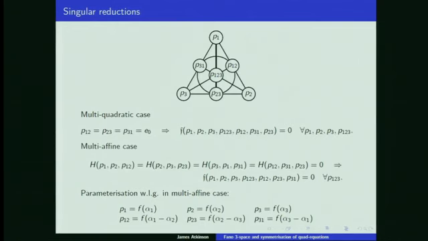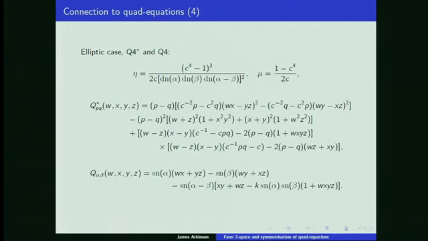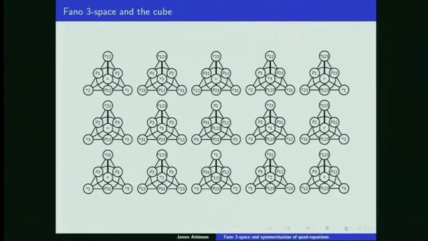And if you do that, and you come back to the whole space, there are two cases: the multi-quadratic and multi-affine. In the multi-quadratic case, one obtains that this equation and the two above and below it are all satisfied identically because they all involve this line. There are 3 planes that contain any particular line, so the equation is satisfied on these. These 6 equations correspond to the 6 faces of the cube.